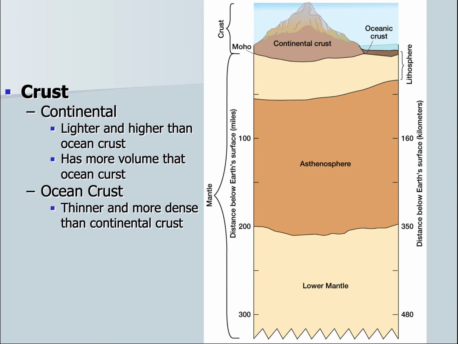And this is not a terribly good diagram for showing isostatic rebound, but it is a good diagram for showing the ratio between how thick a continental crust is and how thick an ocean crust is, and where that lithosphere is relative to the asthenosphere.